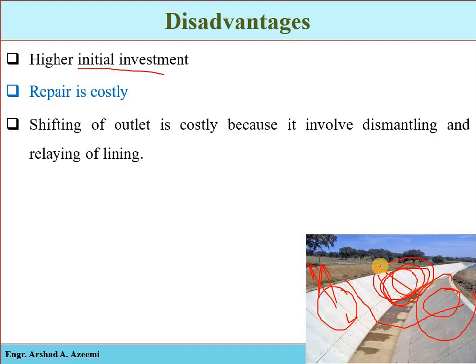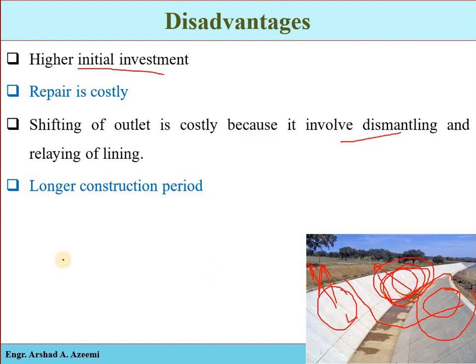So already some points are specified for the outlets, but if you take some additional outlet, it will involve dismantling some specific areas. Then again it will be lined and the cost will increase.